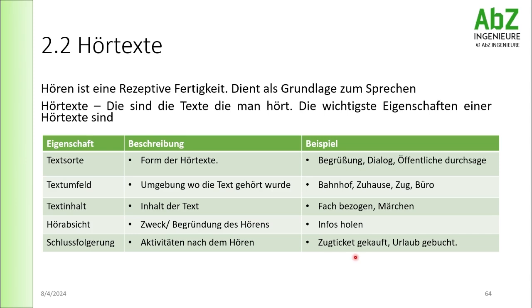So for example, Zugticket kaufen. So we hear about the train and then we buy the tickets. Or we hear about Urlaub and then we plan a vacation. So these are the activities which one does after listening to a text.